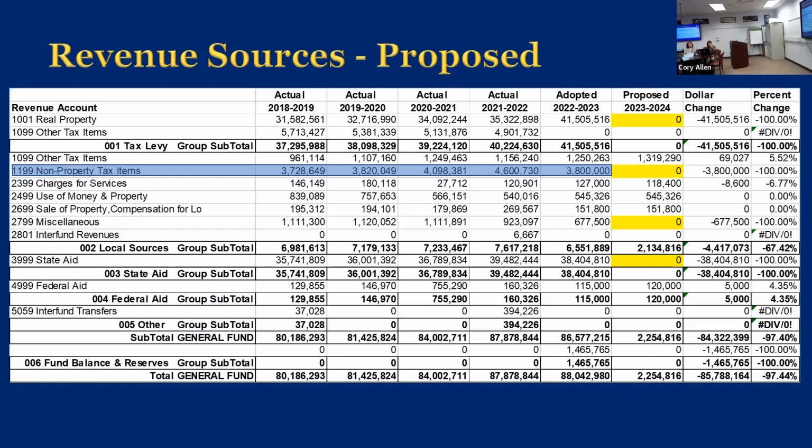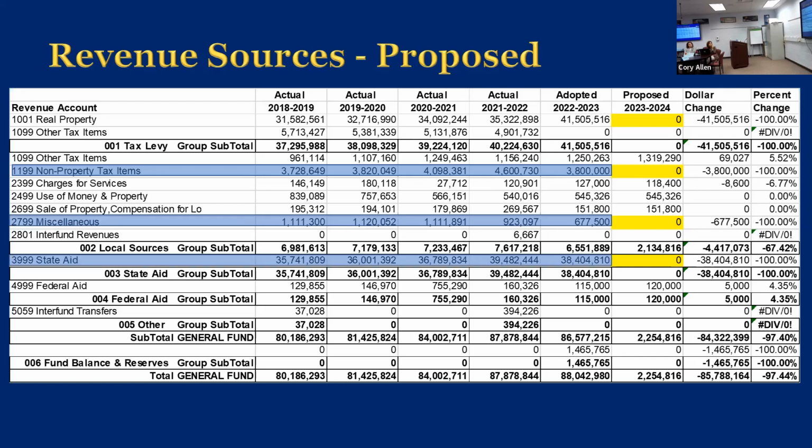That's sales tax. The next is going to be miscellaneous, and you're going to see a little bit later on that there's quite a few things that make up that miscellaneous revenue. And we're going to talk about state aid. And ultimately, we're going to get to the real property tax levy. So those are the ones we're going to focus on.